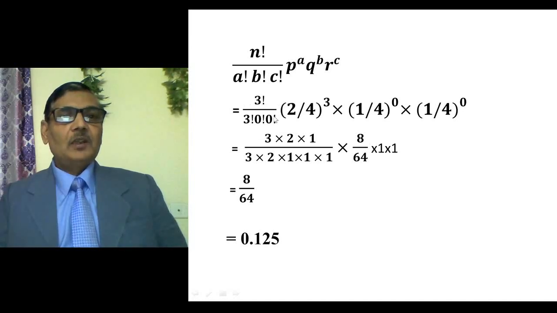After putting all these values, 3 factorial means 3 into 2 into 1. Here also 3 factorial, 3 into 2 into 1, and 0 factorial is actually 1, so into 1 you have to write here.